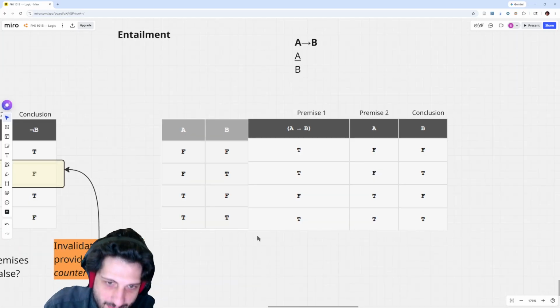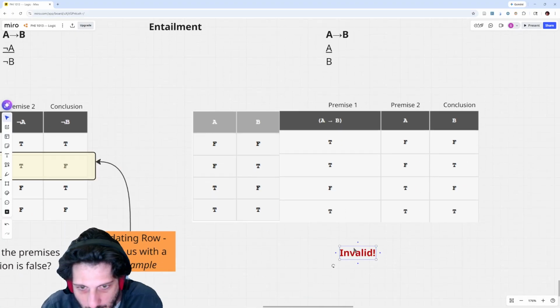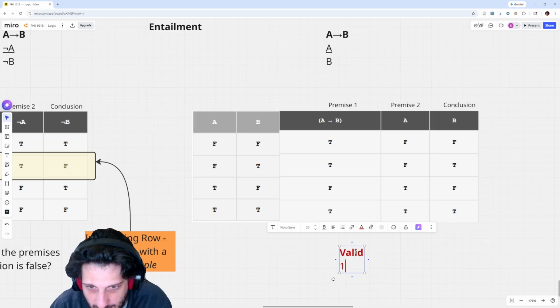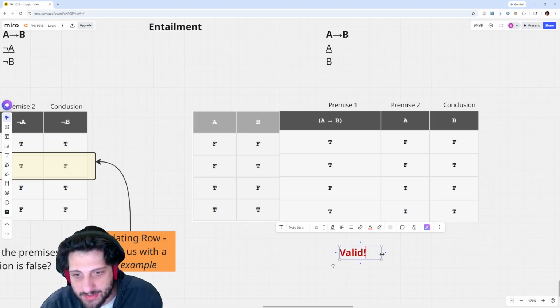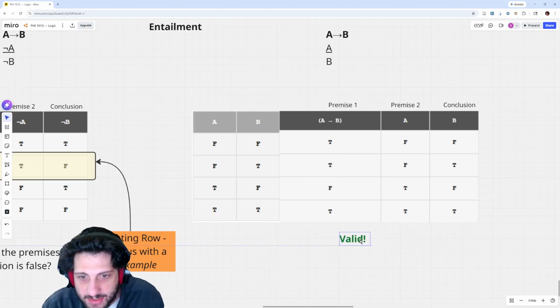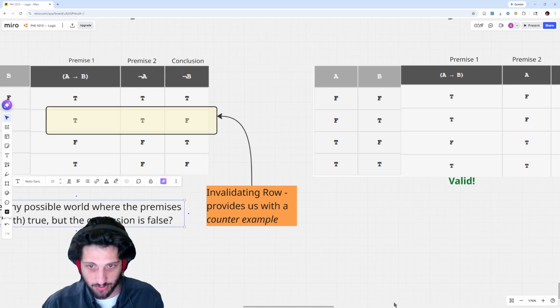That is what entailment and validity is all about. It's about this question of, across all possible ways of thinking about things, across all possible worlds, is there any situation in which the premises can be true but the conclusion false?